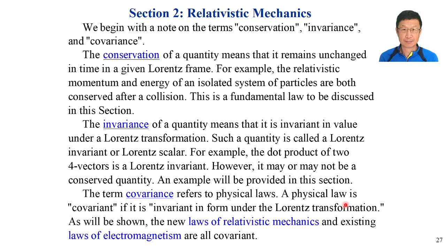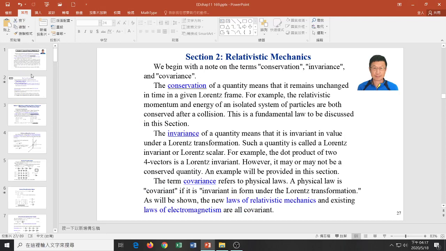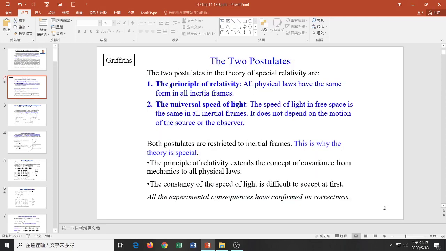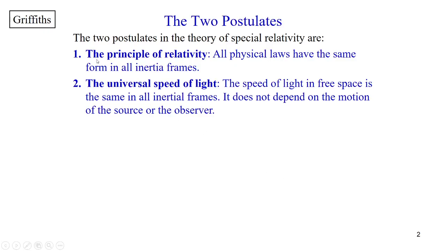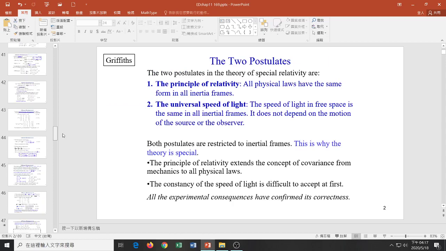The first postulate is the principle of relativity: all physical laws have the same form in all Lorentz frames. That is, their form should be the same. They should be covariant.